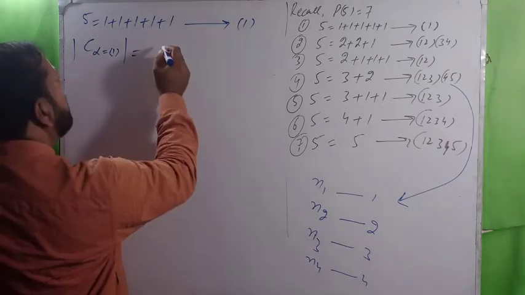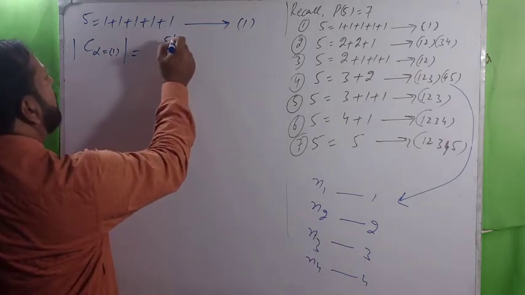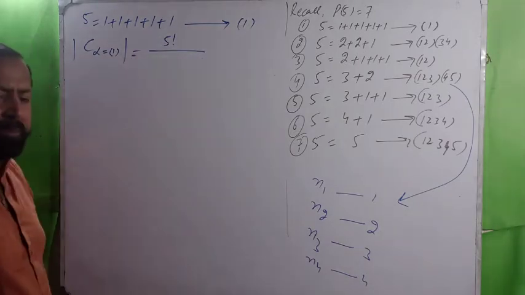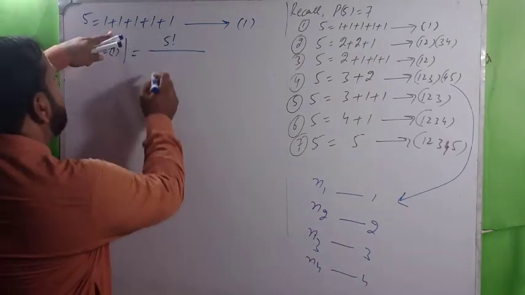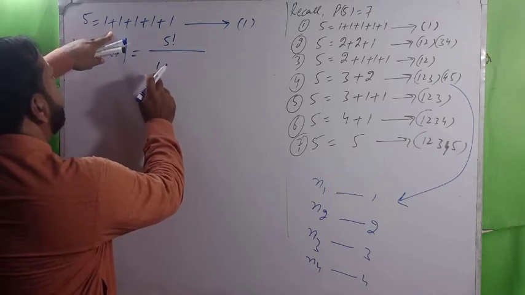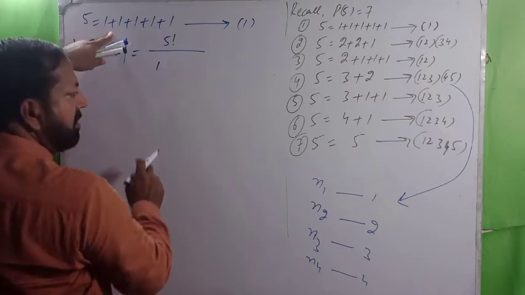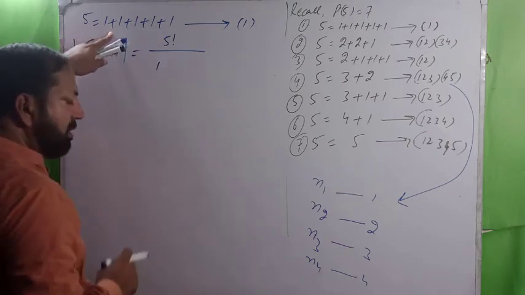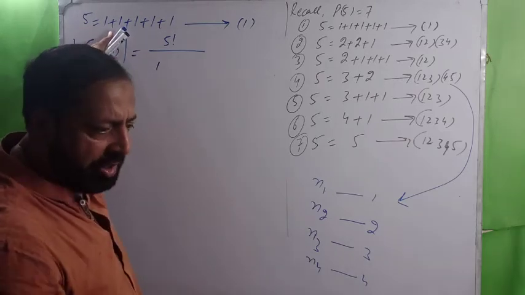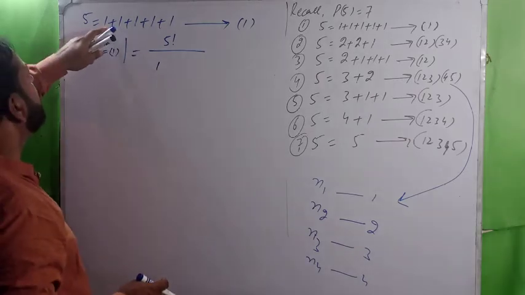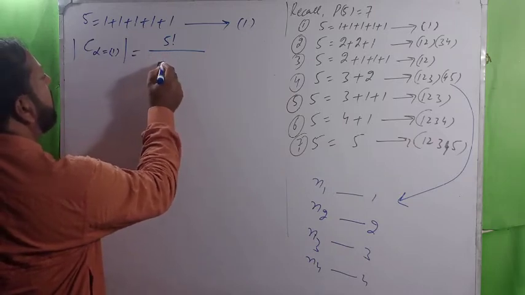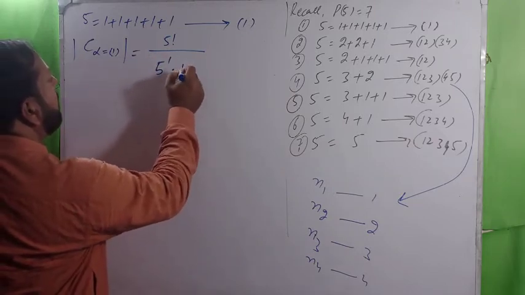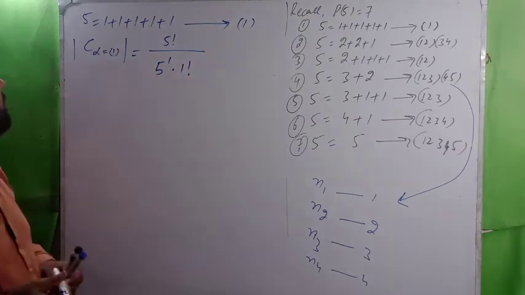The formula is 5 factorial, then k power ak, right?